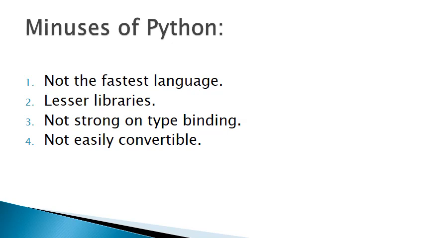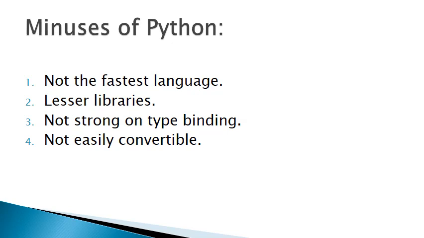But it is true only in the case of the basic installation of Python. If you are downloading the standard installations of Python, like Python Anaconda or PyShell, then many header files and many libraries are already available with these installations.